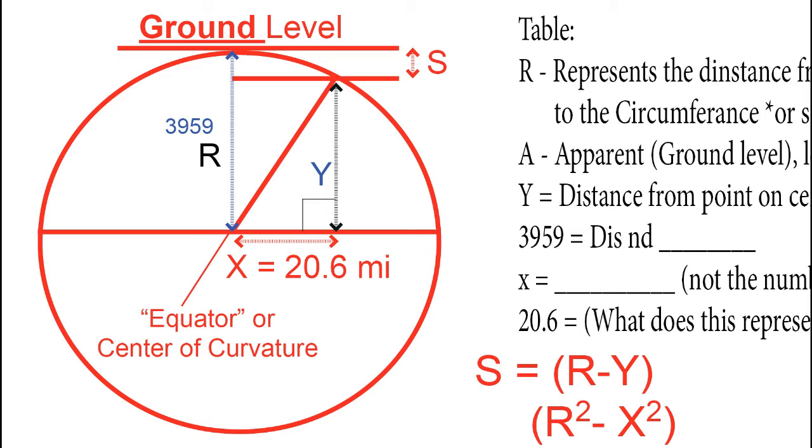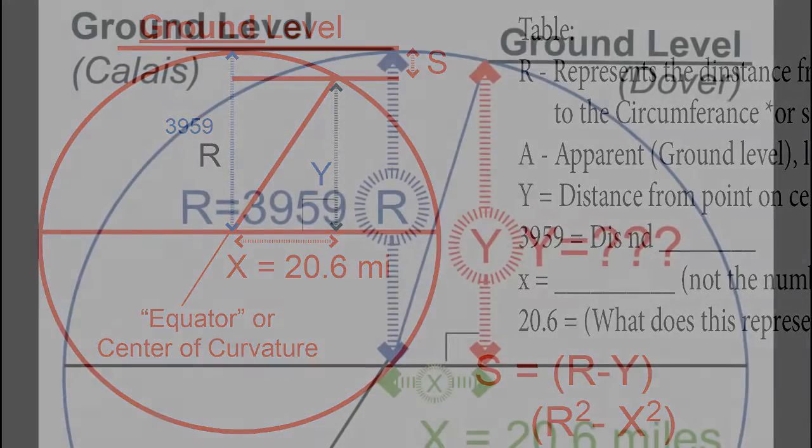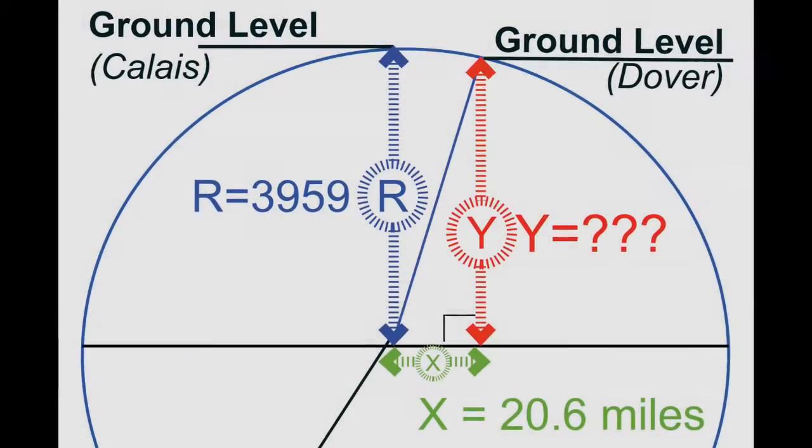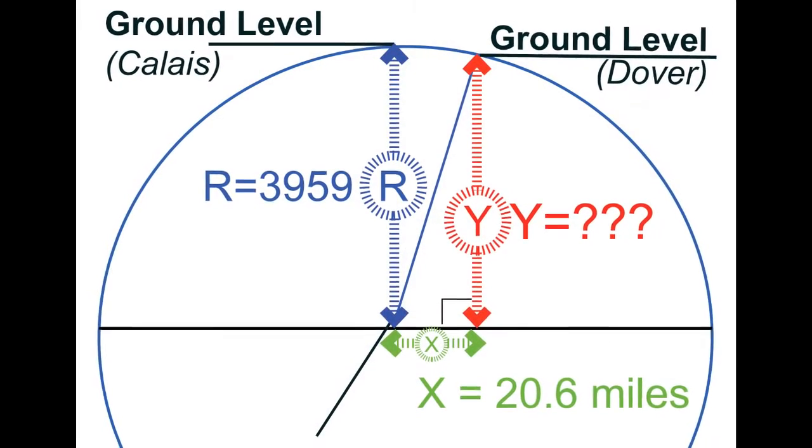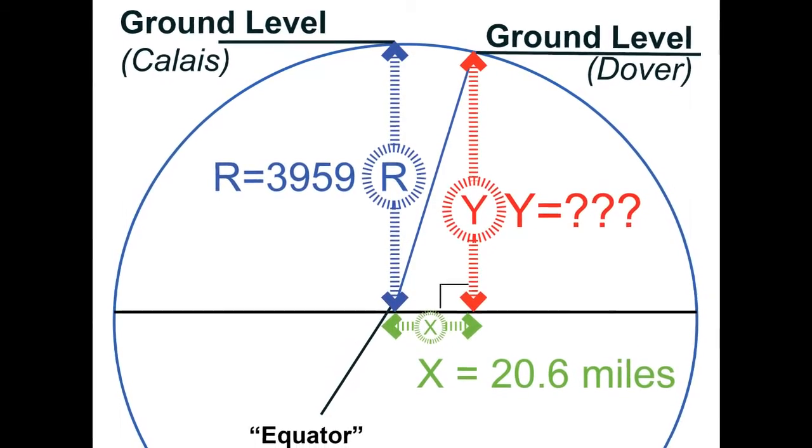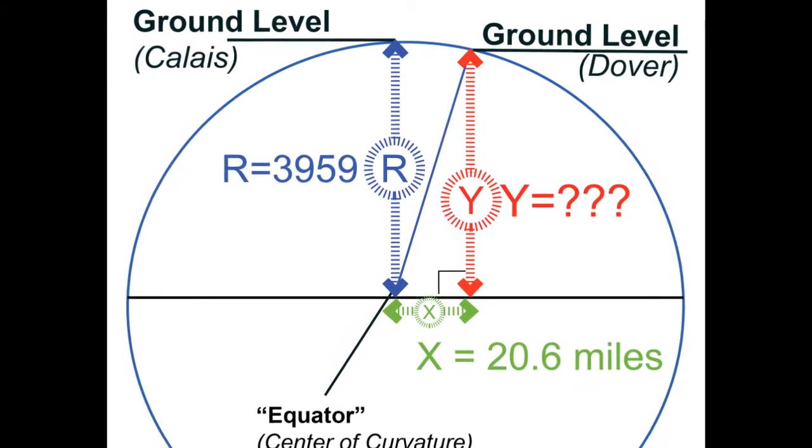So this is sort of an exaggerated representation of the problem. However, it is intended to simply represent the distances in a scaled down version, which is intended to describe the mathematics but is not to scale.